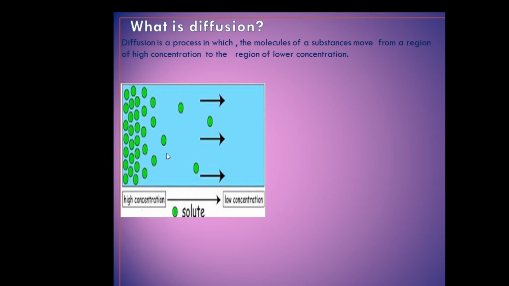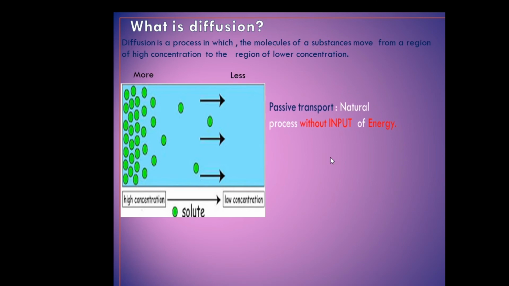And they are moving towards the place where they are less concentrated or there is more space. Like more students in this class and very few students in the next class. What happens? They start moving from the crowded area to a less crowded area. This is what is diffusion. This is because of more and this is because of fewer molecules, or the lower concentration.